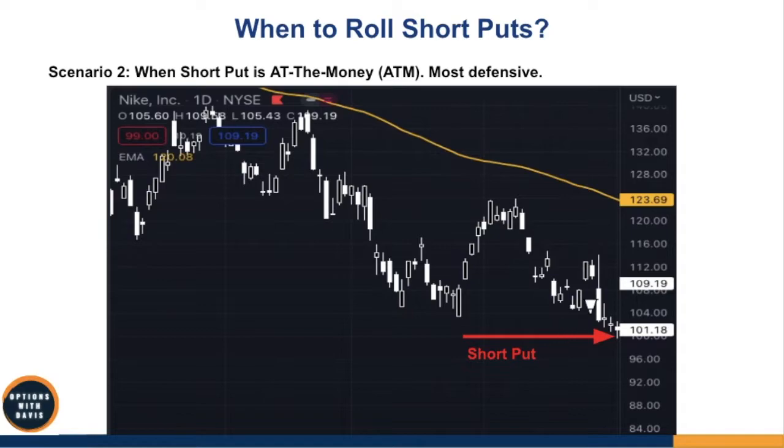So in this case, you wait until the stock price basically reaches your strike price and then you start to roll. Okay, so most likely you'll be rolling out and rolling down to a lower strike price. So this is the most defensive and also the one that you have the least chance of getting assigned.